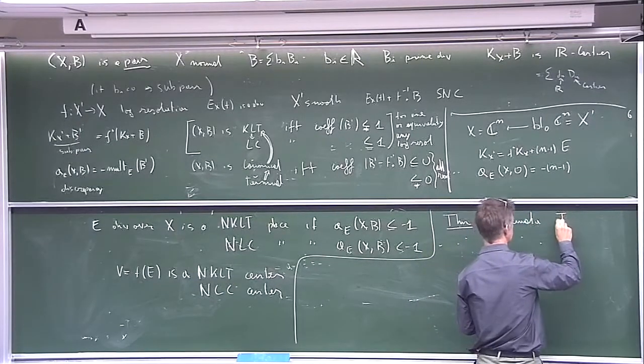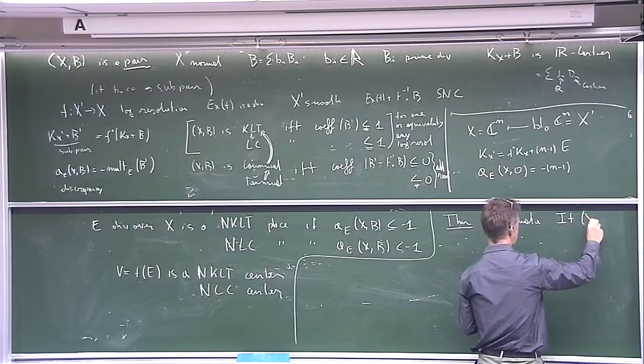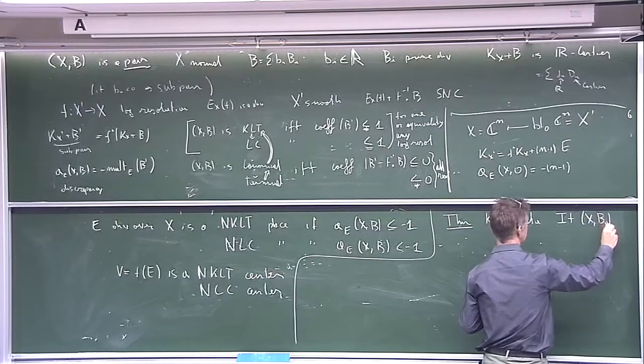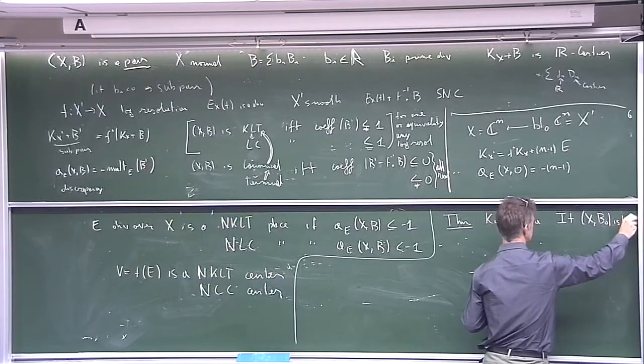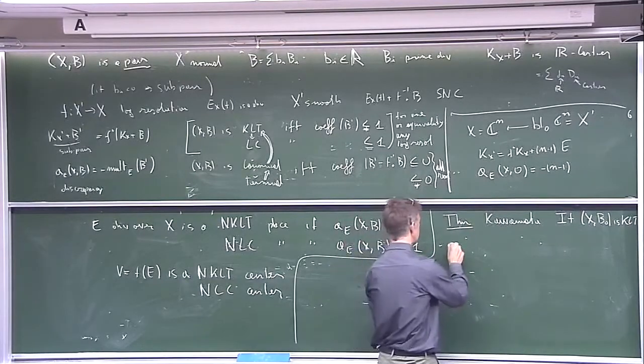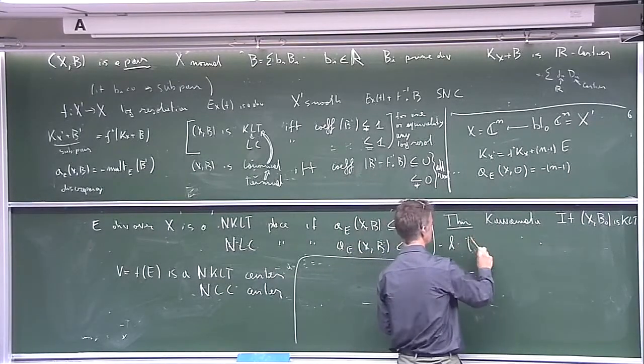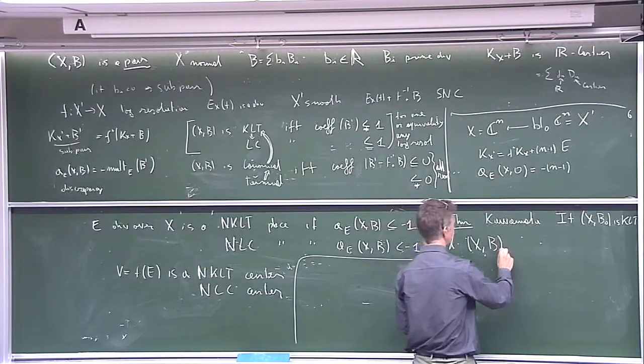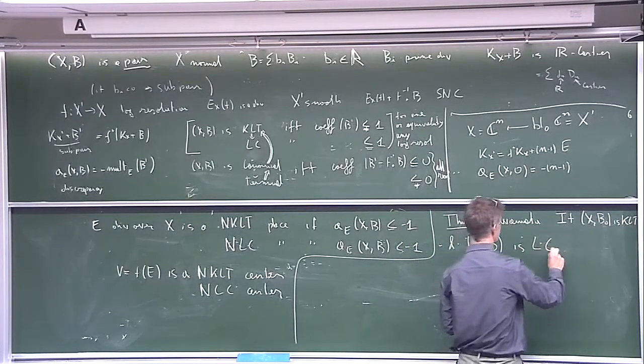that says the following. Suppose that X with respect to some boundary B0 is KLT. It's possible that by now you don't need this sort of extra assumption. And X with respect to a boundary B is log canonical.